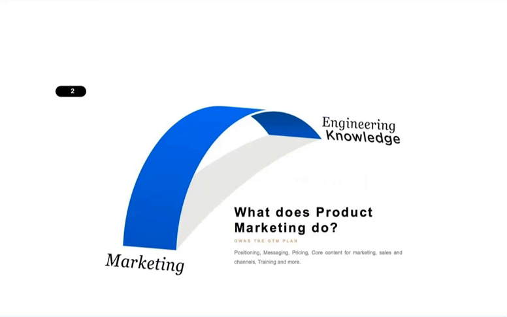And then you have the sales team, which is more responsible for the sales goals, but product marketing at the end of the day owns the go-to-market, or the GTM, and the execution of the GTM.